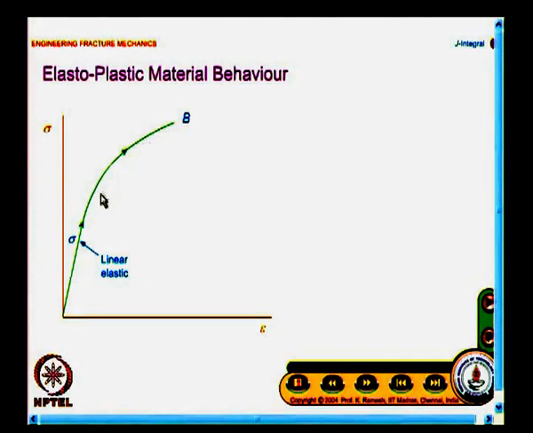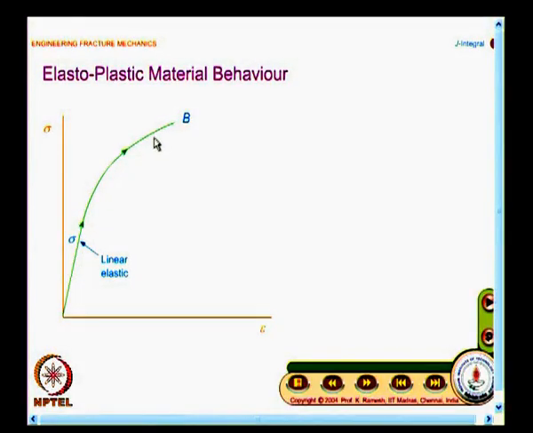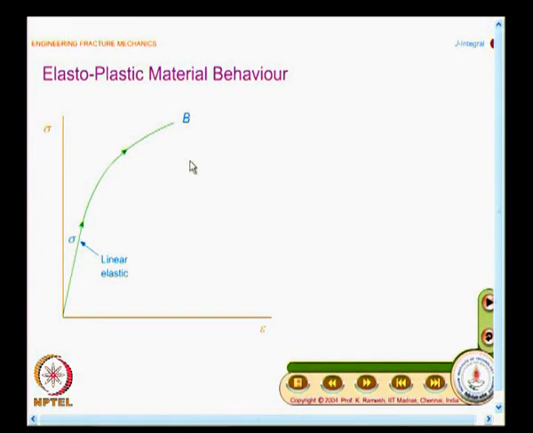Suppose I unload, what would happen if it is a non-linear elastic solid? The unloading path will trace back the same way. In linear elasticity you will go up and down in a straight line, in non-linear elasticity you will follow a curve. Suppose I go to elastoplastic behavior, from elastic region I have gone to plastic region.